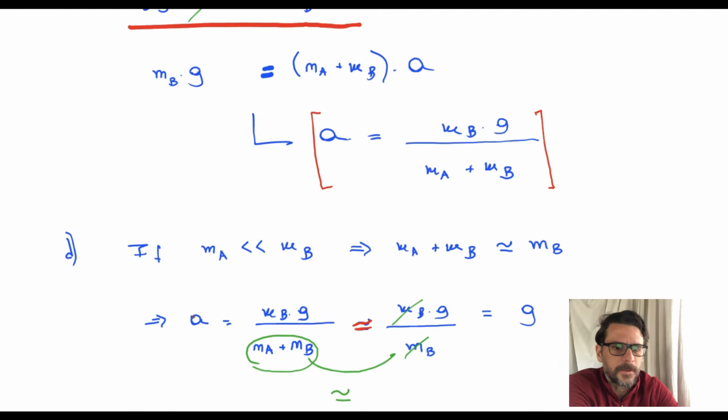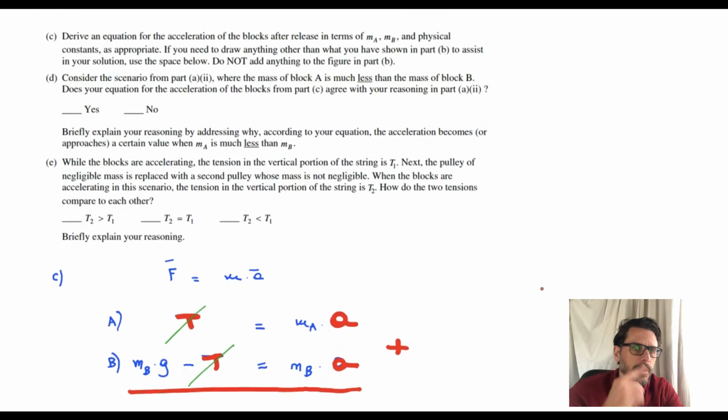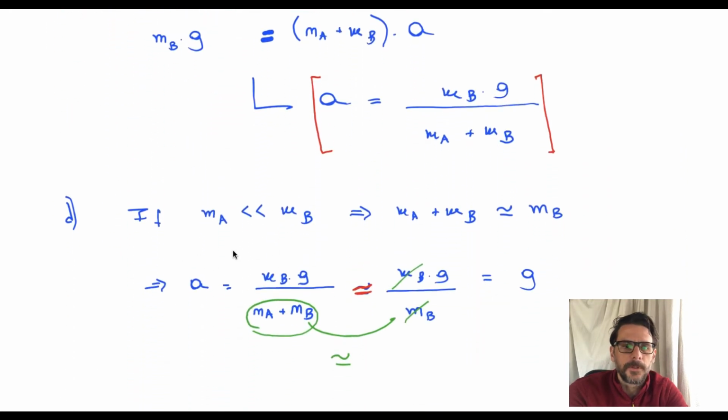So we can say that the acceleration is equal to gravity. It will be similar. So, of course, we're going to say that, yes, it matches our reasoning. Briefly explain your reasoning by addressing why, according to your equation, the acceleration approaches a certain value when mA is much less than mB. This is what we did here as a way of symbolical reasoning, which is okay.